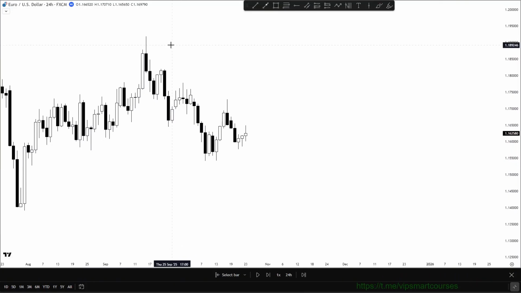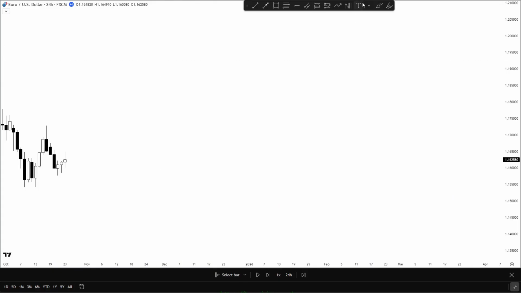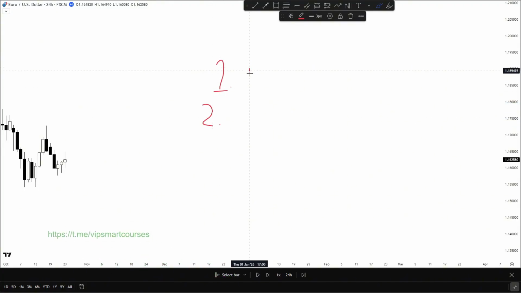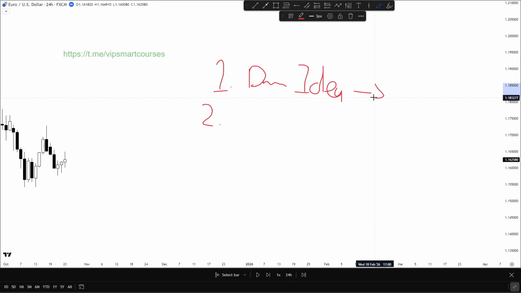If you watched chapter 2, then you know that we have two components for determining a directional bias. The first step is determining or building a directional idea through the concepts within the structure component.